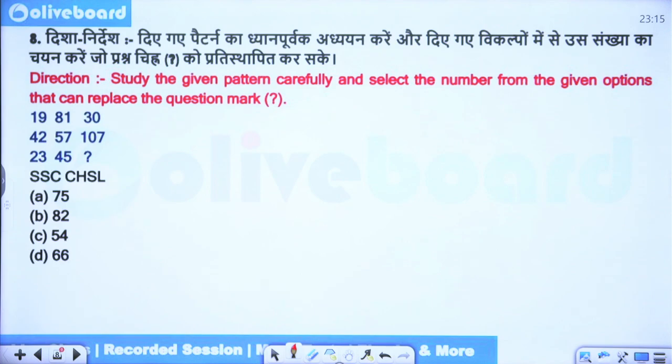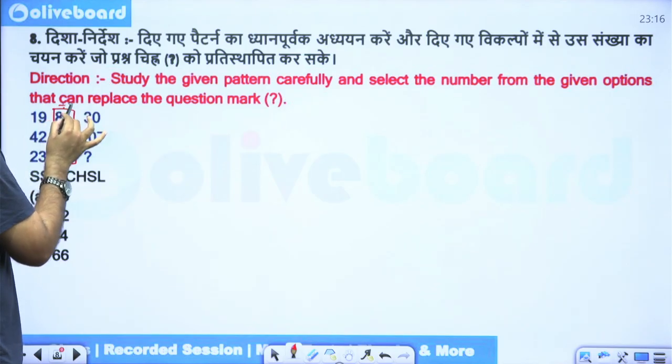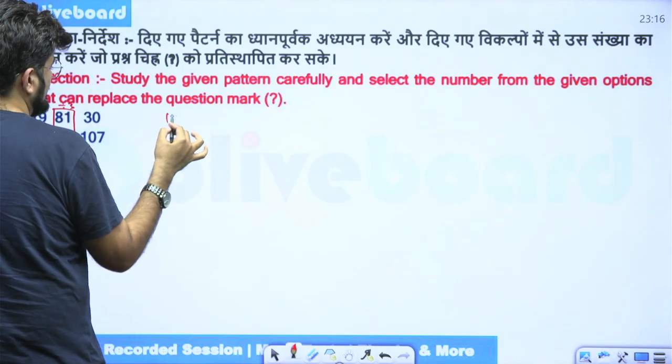See, they are all divisible by 3, these ones. If I divide them by 3, do I get anything special? 24? No. 27, 19, 30, 57. Wait. If I divide this by 3, I get 27.